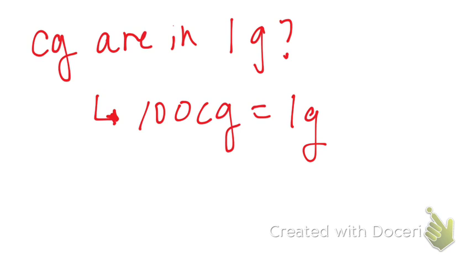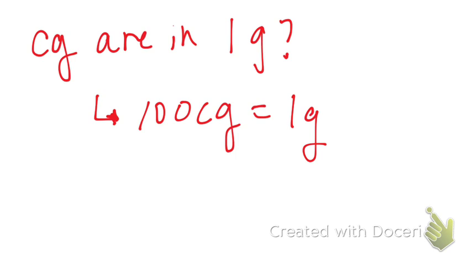When we're talking about units and how they are related to one another, I always like to give the bigger unit the one, and tell how many smaller units are in that one. It's not as easy for me to understand that a centimeter is 0.01 of a meter. That's less easy for me to wrap my brain around.